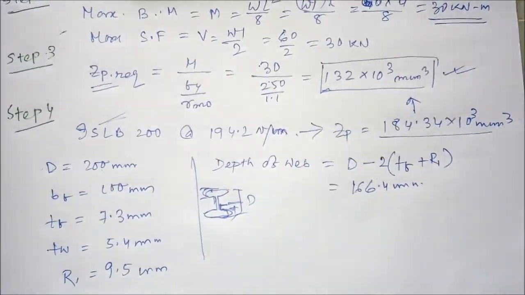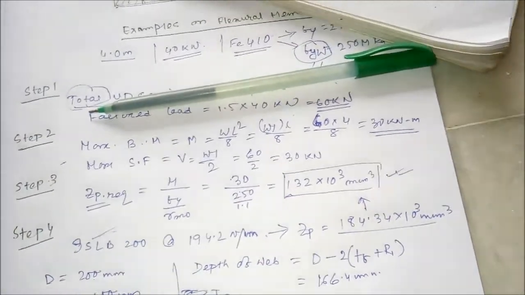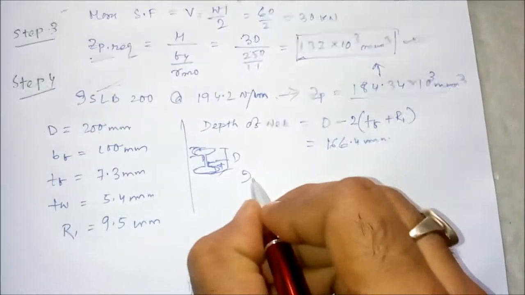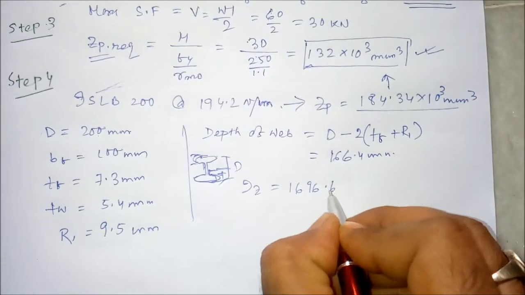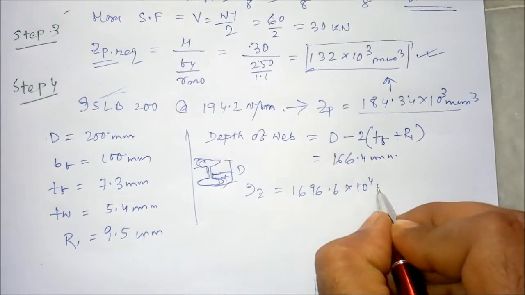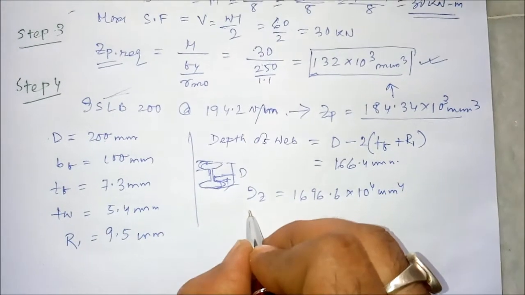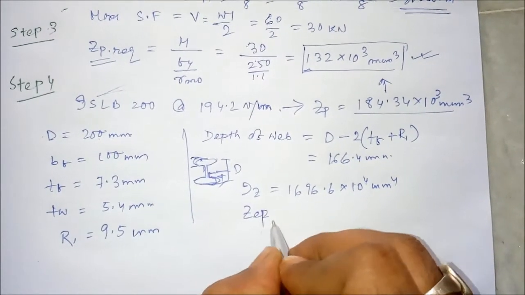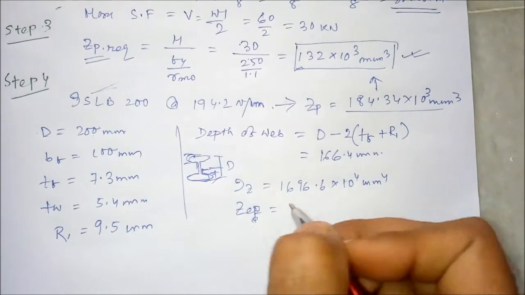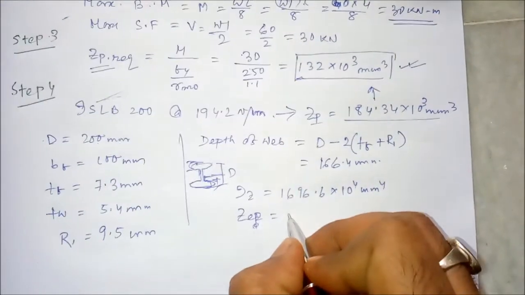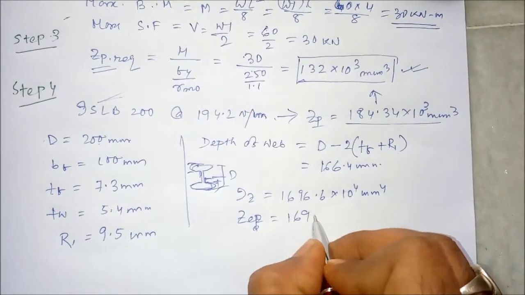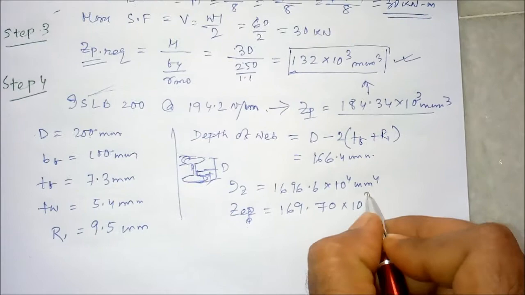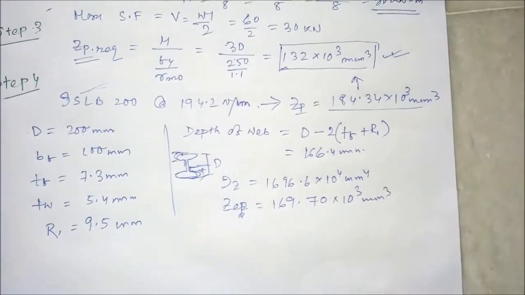And other properties: IZ for this case is 1696.6 into 10 to the power 4 mm to the power 4. This is plastic section modulus, this is elastic section modulus, ZEZ is equal to 169.70 into 10 to the power 3 mm cube.